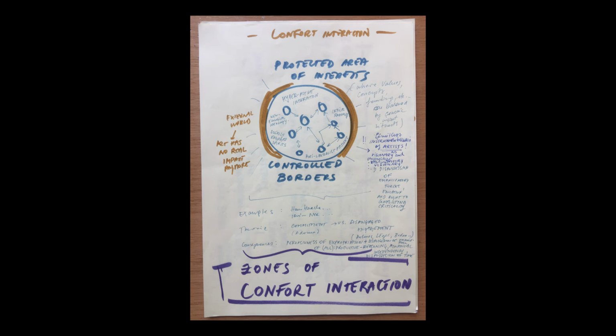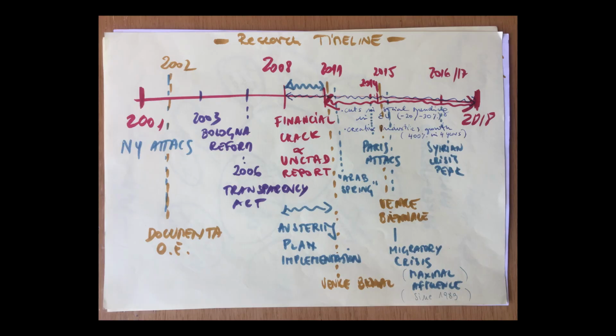This is very problematic, because artists seem limited to being used as visionaries and potentially emancipatory agents, but only within this control zone of comfort interaction, where, of course, everything is tolerated.